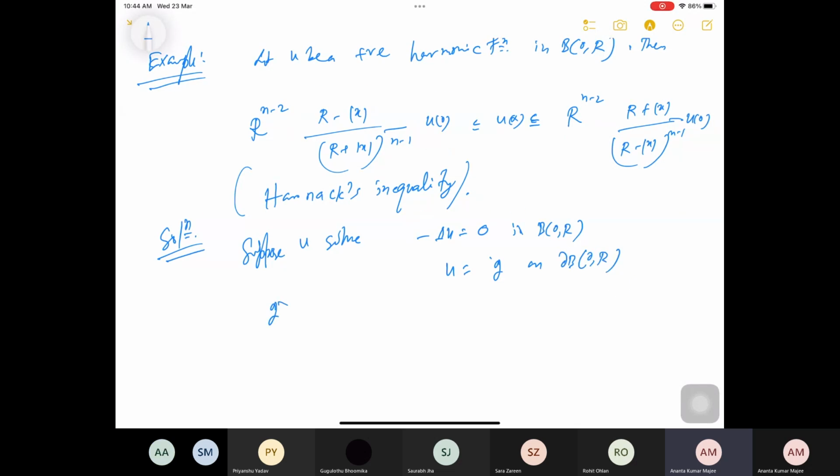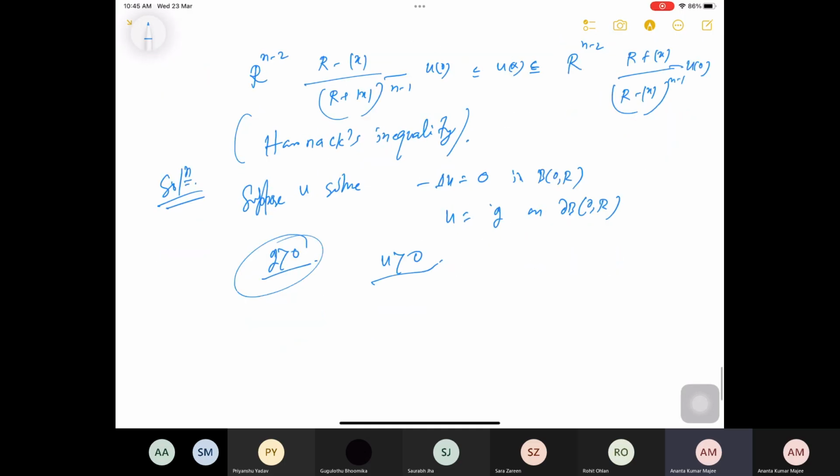Now suppose my g is positive. Since g is positive and u is harmonic on B(0, r), by the maximum principle u is positive.